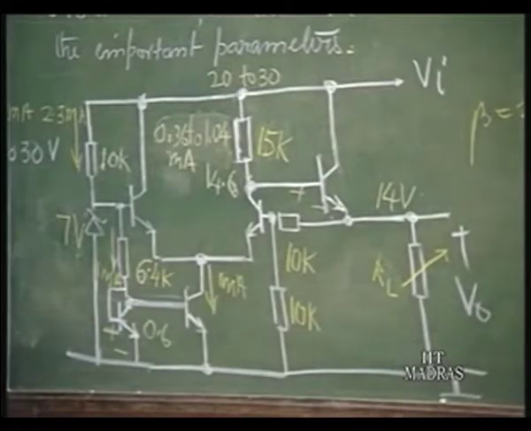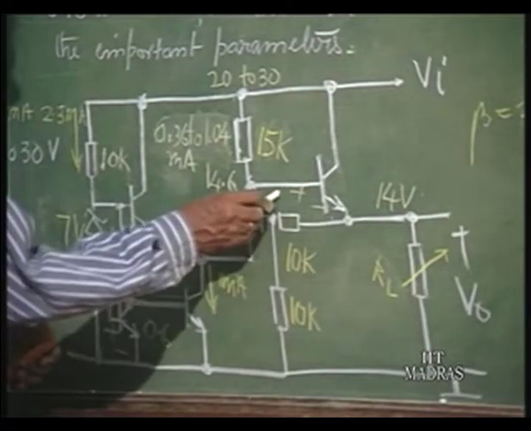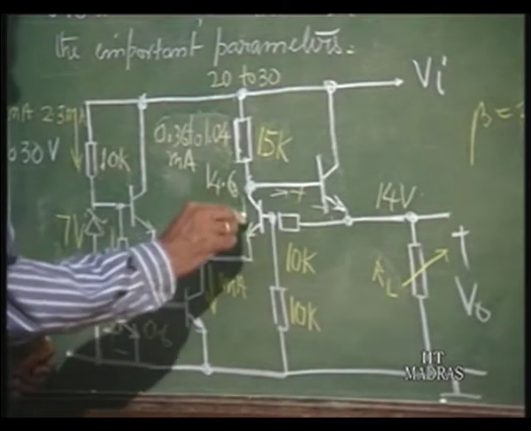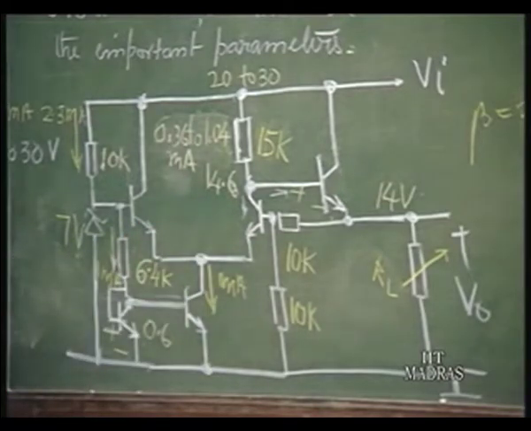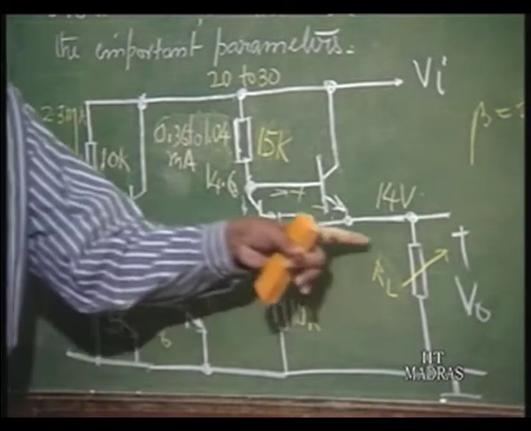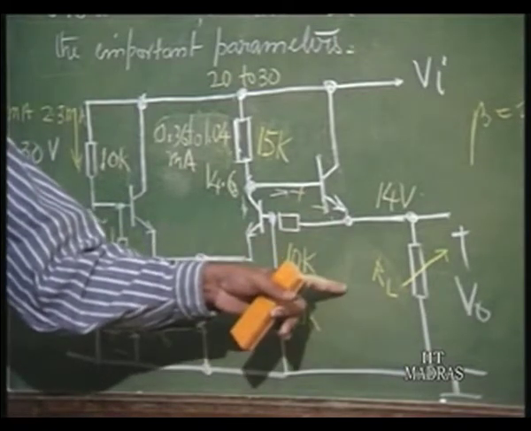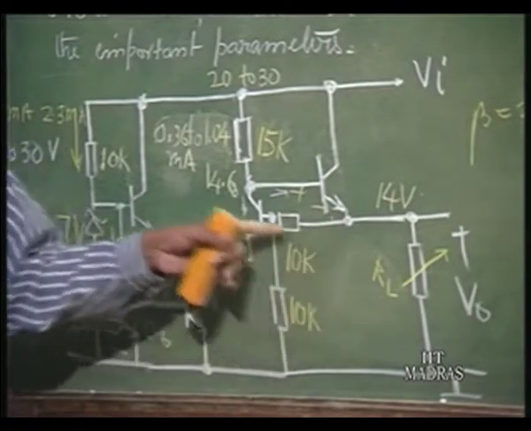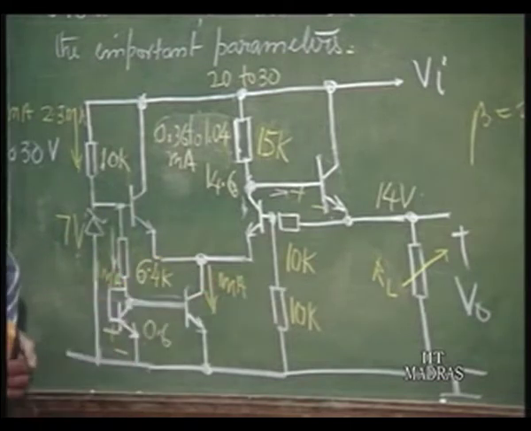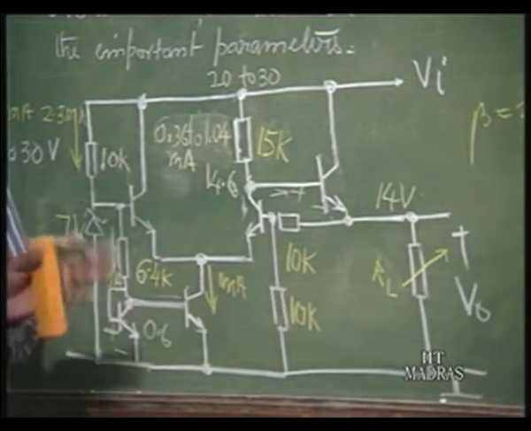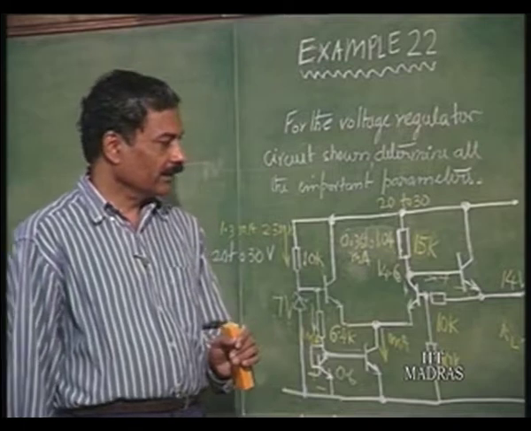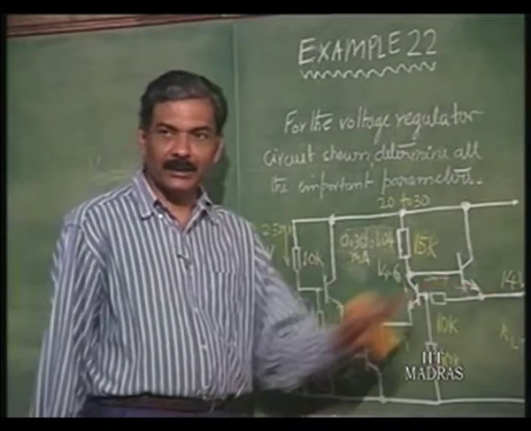Now, what is the current demanded by this is what is important, so that we can find out how this works here. Now, this load is going to change, let me say. To what extent can we change the load so that this circuit still functions? This is an interesting point, so that you see exactly how this circuit functions, trying to maintain 14 volts here.